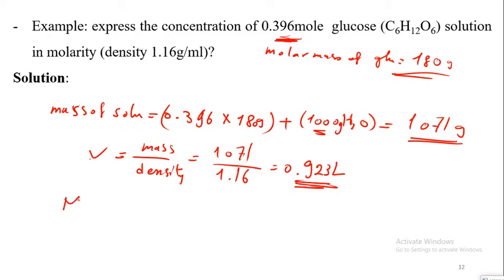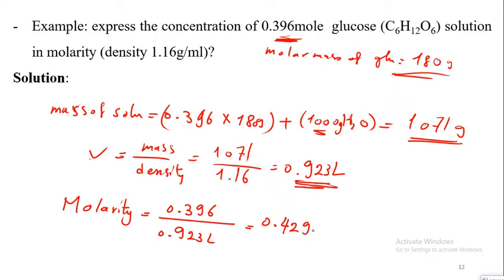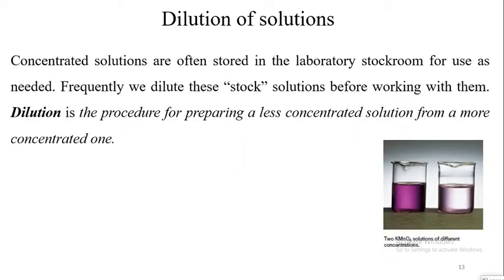From that I can get the molarity. So the molarity should be equal to the moles of glucose, which is 0.396, divided by the number of liters, 0.923 liters, equal to 0.429 moles per liter. So from that I could calculate my molarity.